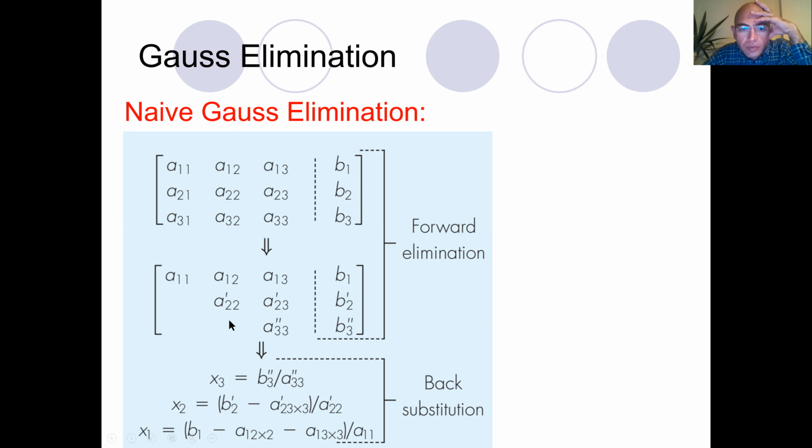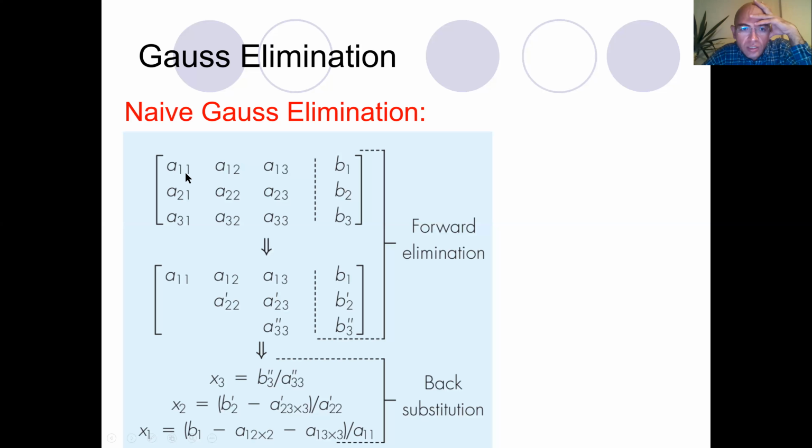So in the first step, we eliminate all the terms below the first row.